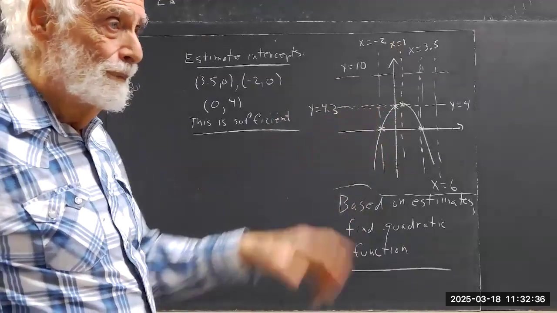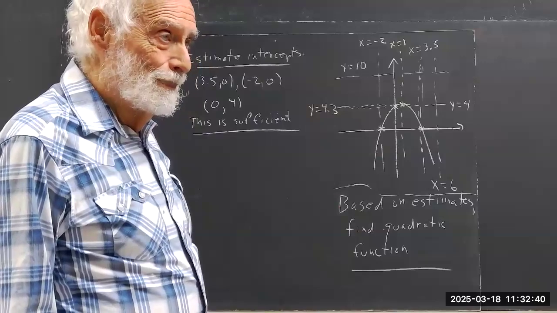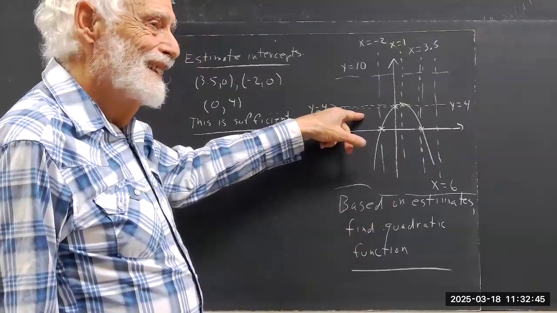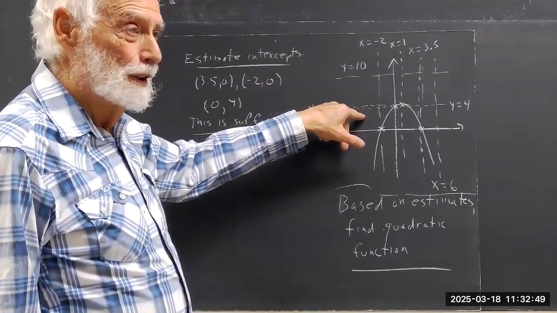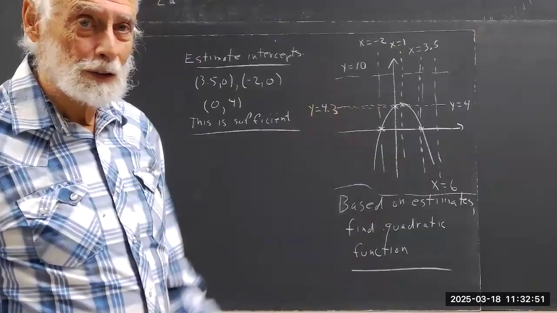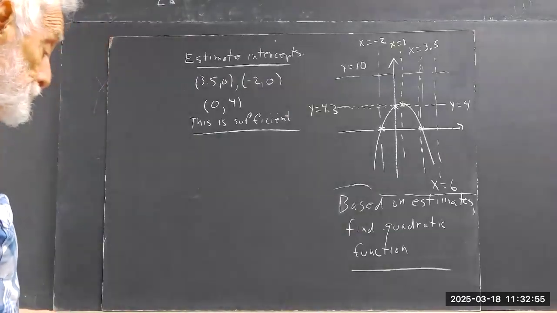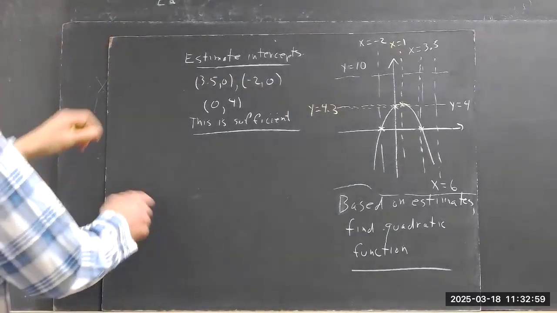As long as you estimate something a little more than 4. If you estimate 3.5, well, if you did everything else right, I'd still have to penalize you a couple of points for that, because the vertex is clearly above the y-intercept. Okay?